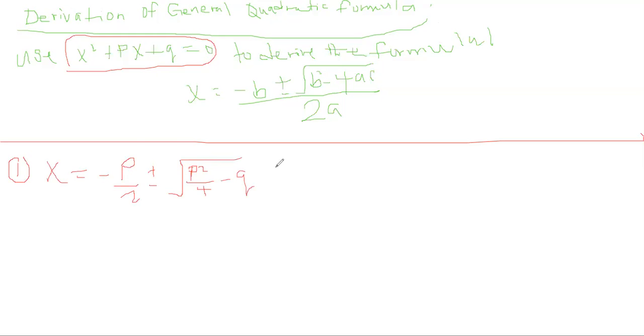If you notice, this is the completing the square formula. Remember, it is from this that we have the completing the square formula, so it's from the completing the square formula that we will get the quadratic formula as well. So the first step is to state the completing the square formula.